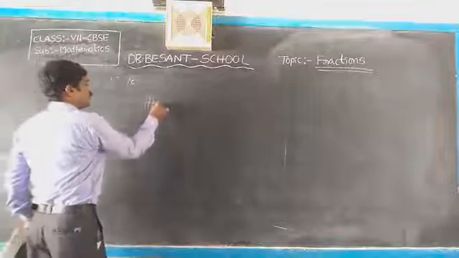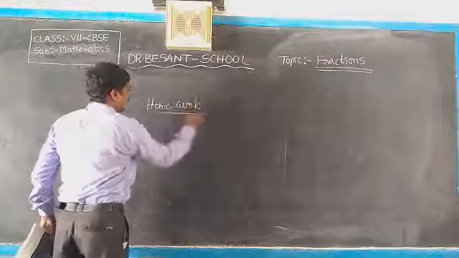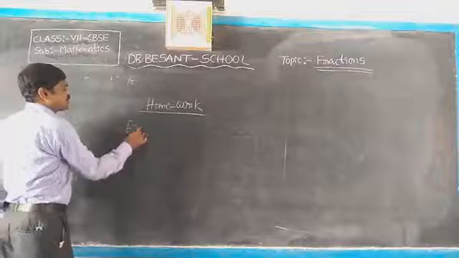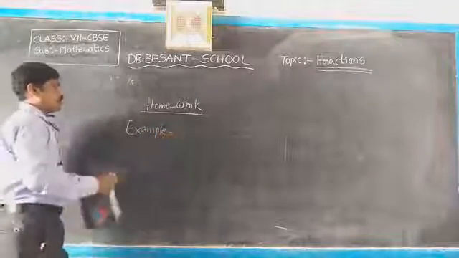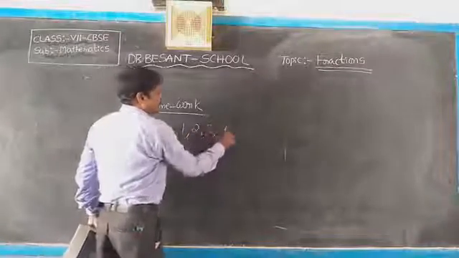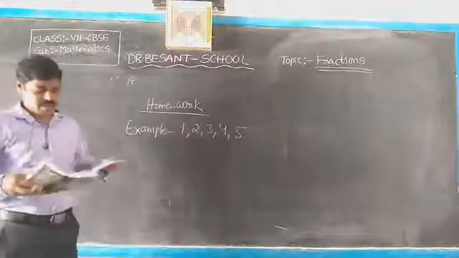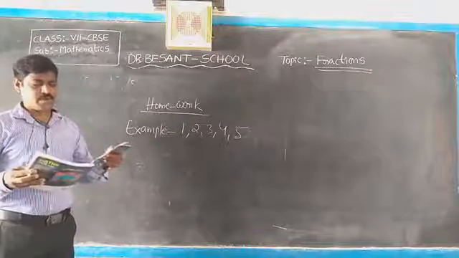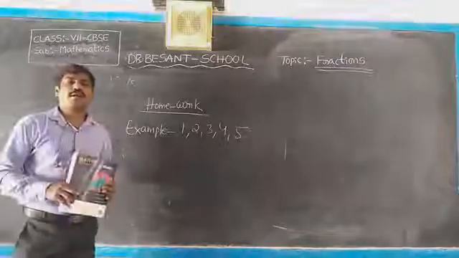Today's homework: examples 1, 2, 3, 4, 5. These 5 examples. In the fifth example, A is explained, B and C you can do in the same way. So these 5 examples you have to practice.